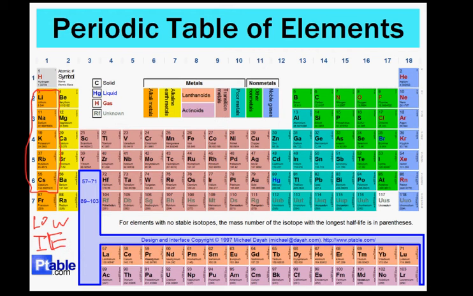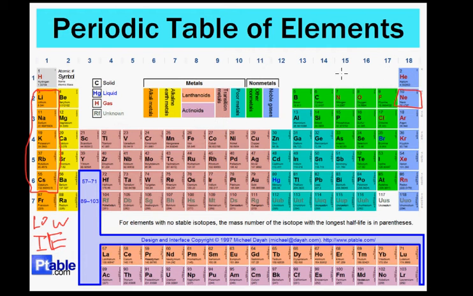Now let's look at the other side of the periodic table at, let's say, neon right here. Now neon has a full outer shell of 8 electrons, so it really doesn't want to give any away. It's just floating happily in space, and it's kind of hard to get some away from neon because it's such a stable element.